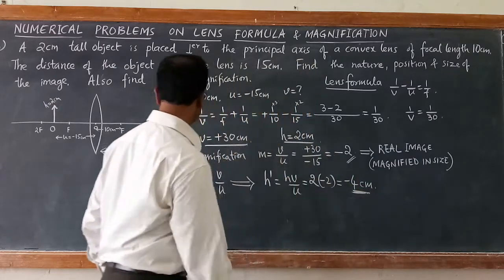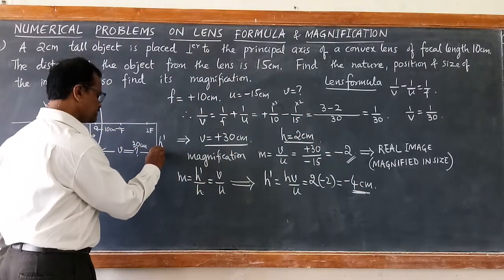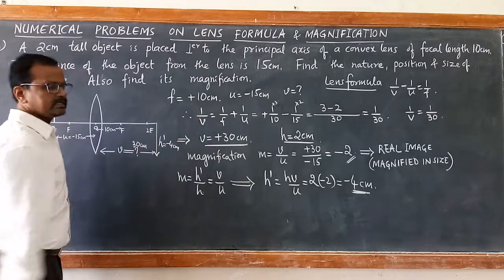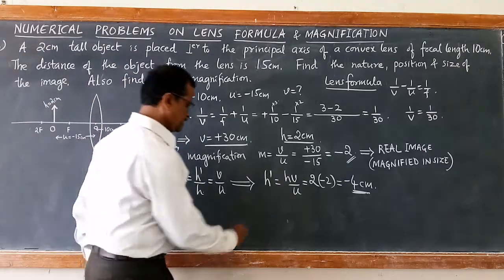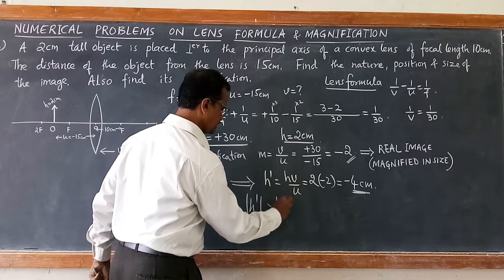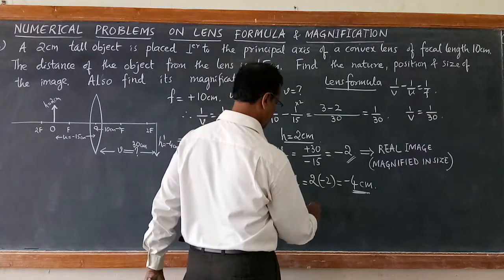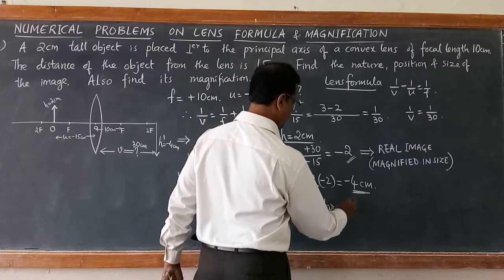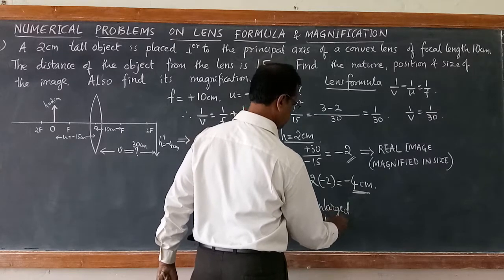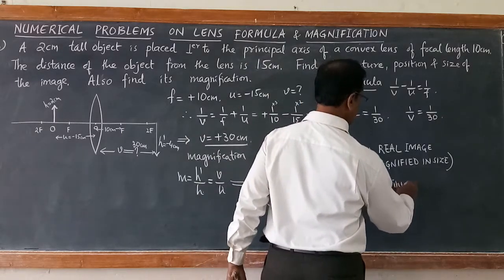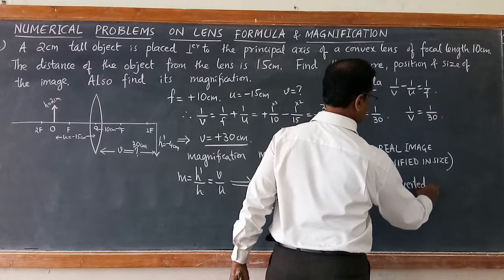Minus 4 centimeter means it is an inverted image, inverted vertically downwards. Therefore the magnitude of h dash is greater than the magnitude of h. Therefore it is an enlarged or magnified image. And the negative sign shows that it is an inverted image.